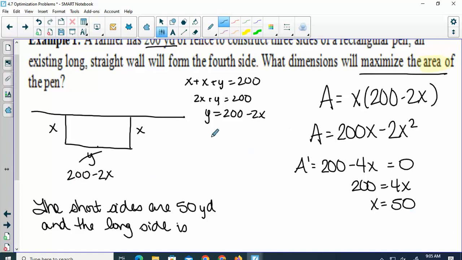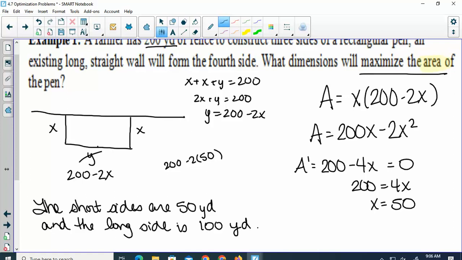If my x is 50, this is 200 minus 2 times 50. So we get 100 yards. So my fence, we have two 50-yard sides and one 100. Any questions on that one?